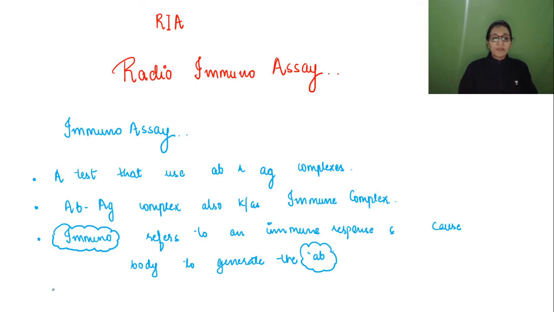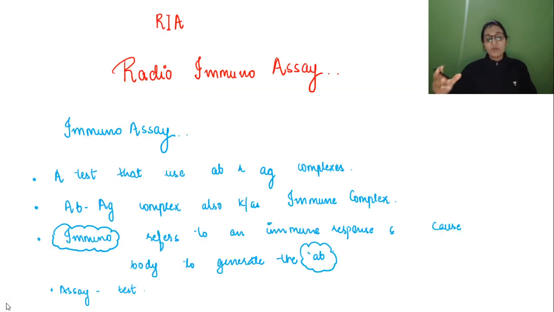Assay simply means test. So immunoassay is a test that utilizes immunocomplexing when antibodies and antigens are brought together.